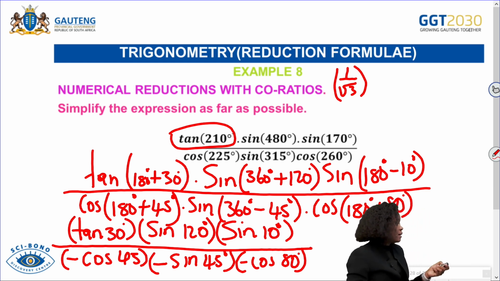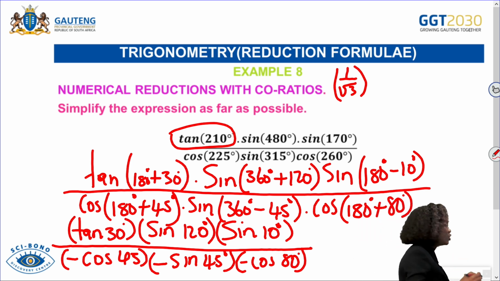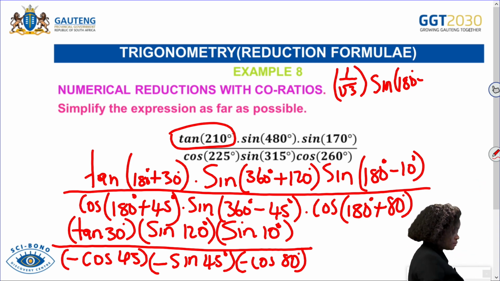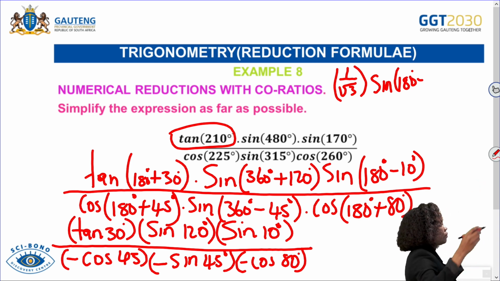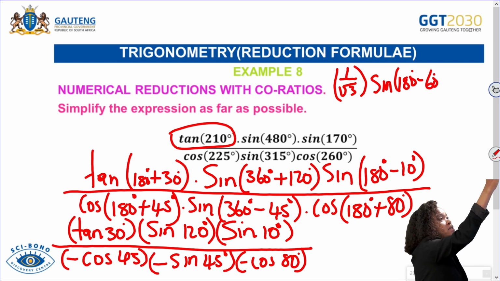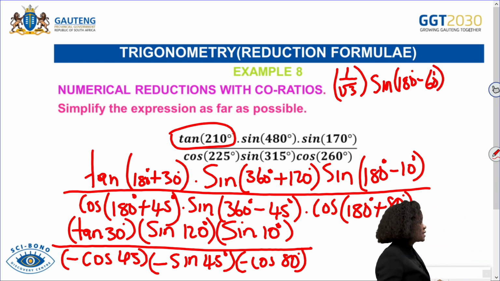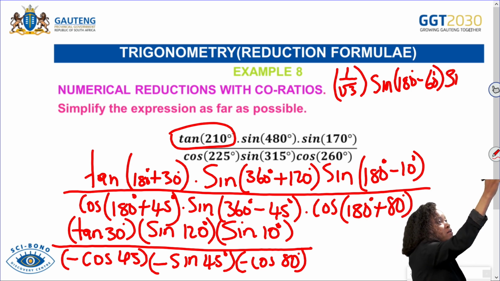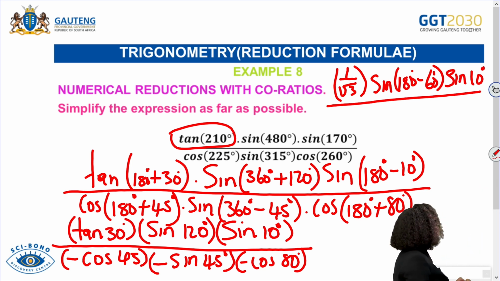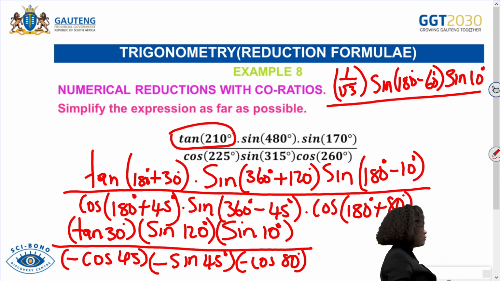And then we said sine of 120 degrees is going to be in the second quadrant. So it's still going to be sine into 180 minus 120. It's going to be 60 degrees. And then your sine 10, it's not a special angle, so we just leave it as it is. It's all over. And then it's negative cos 45.